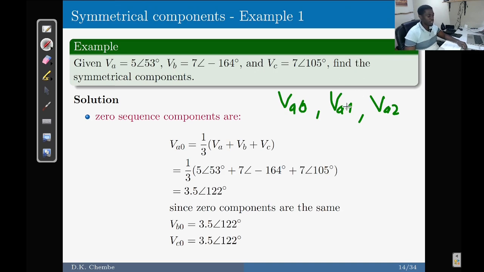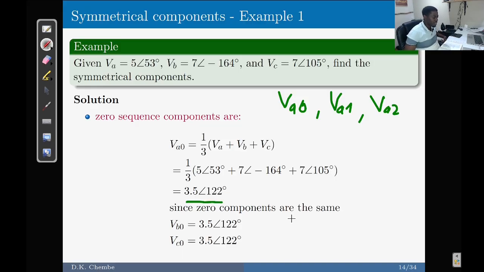This is the positive sequence voltage, and this is the negative sequence voltage. From our equations, we had 1 over 3 (VA plus VB plus VC), which is simply the addition of all the phase voltages multiplied by 1 over 3. And from there we get 3.5 at angle 122.